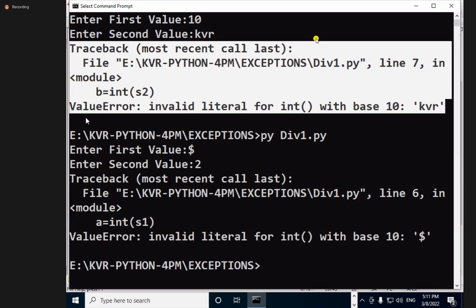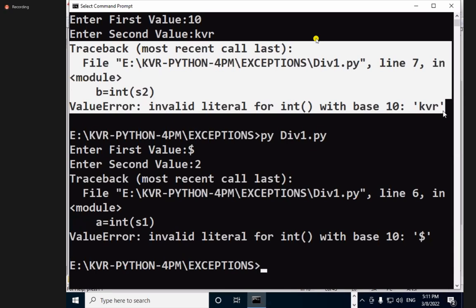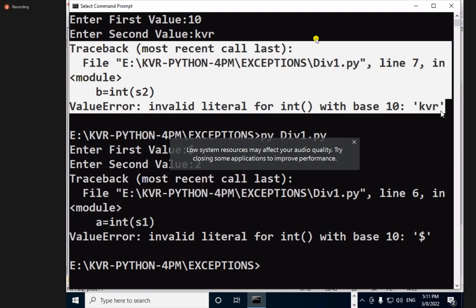This entire message is caused because of which error? You don't generate this value error message like that. You generate the message which is given by me. What is the message? Don't enter str values, alphanumerical values, strings, alphabets, special symbols. Don't enter. That is known as which message?